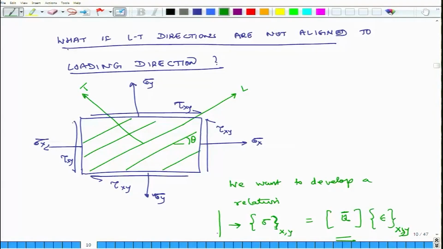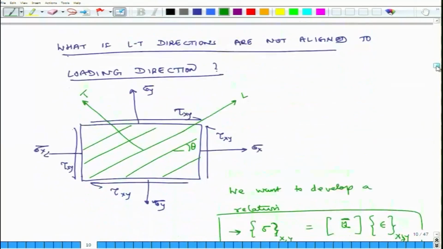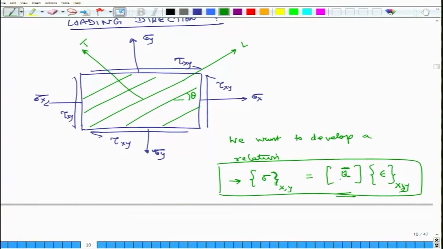This is the relation we want to develop, and we want to somehow relate this q bar matrix to the q matrix, because we can very easily calculate the q matrix, q11, in terms of engineering constants. So, is there a way we can calculate q bar in terms of q? Because if we can do that calculation, then I can also calculate this q bar matrix in terms of all the engineering constants. So, this is what we want to accomplish, and to start with, let us look at.